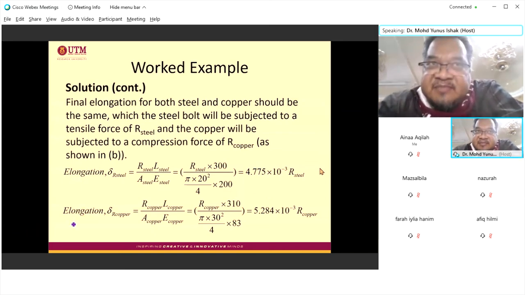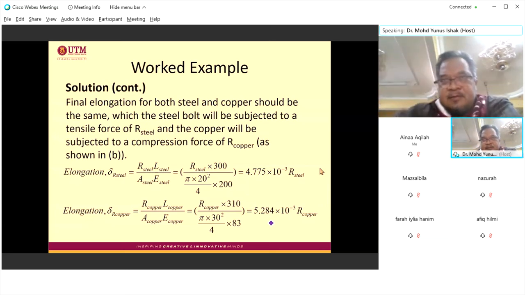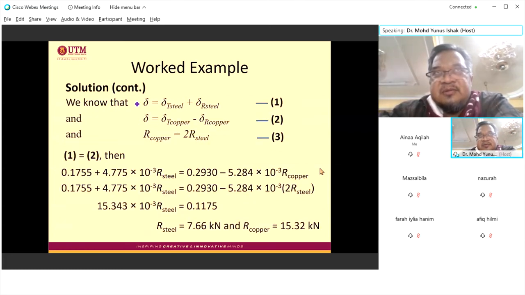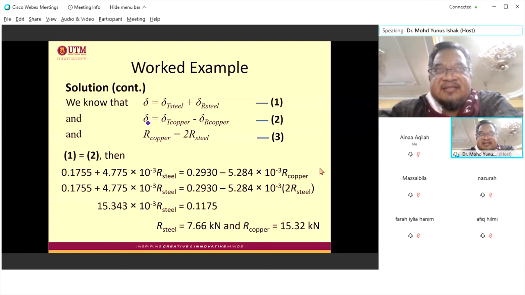And we need this amount R delta copper so that it is shortening. So the final length is delta T plus delta R. And the second equation is delta copper due to temperature minus delta R external force for copper.